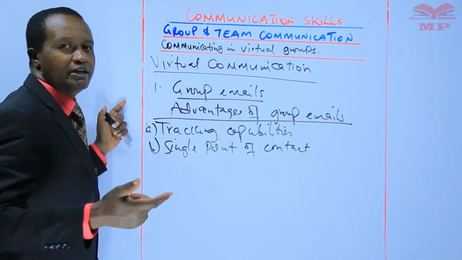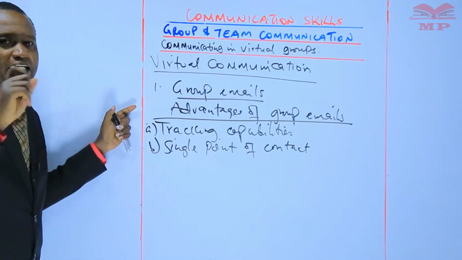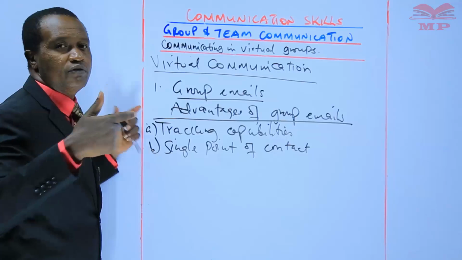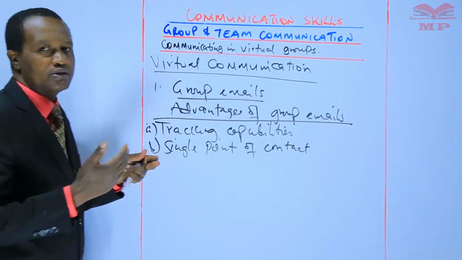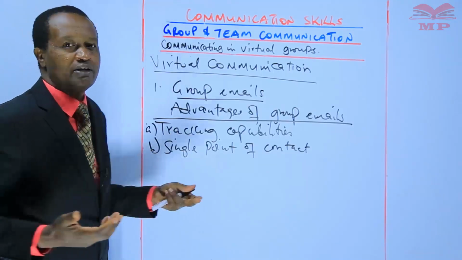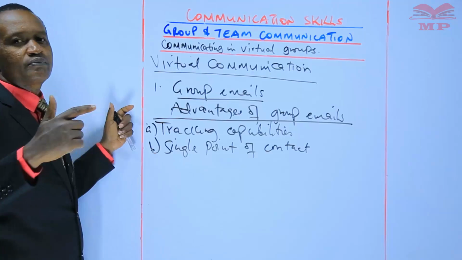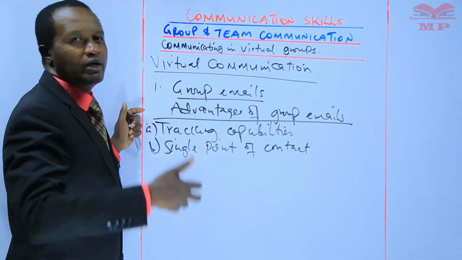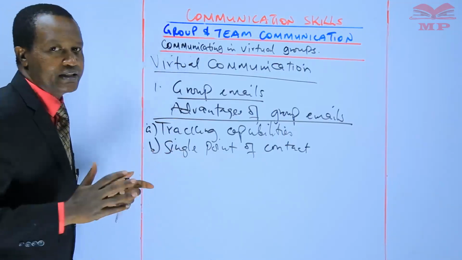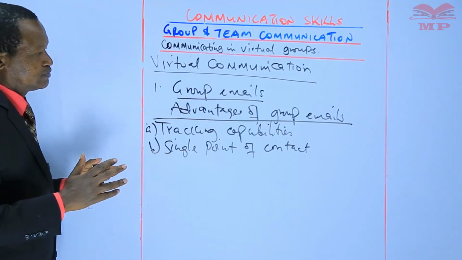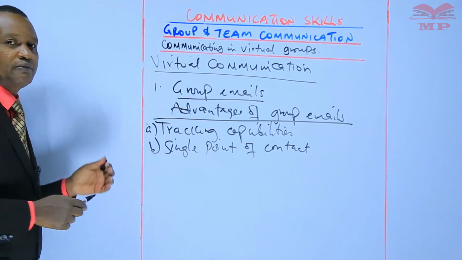But driving emails towards a group inbox can make it easier to stay on top of things, easier and more effective for people trying to reach out, and it makes it possible to ensure conversations are always directed towards the best possible person inside of the company. So that's an advantage, single point of contact.